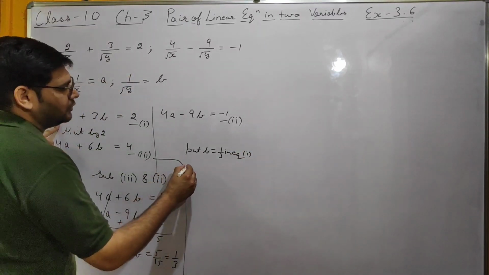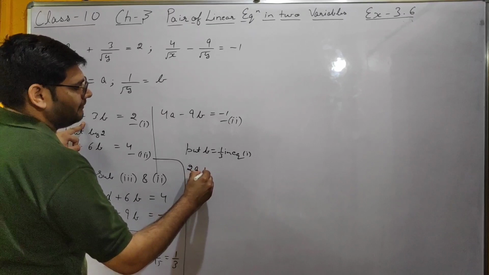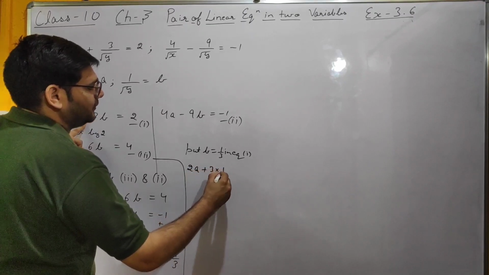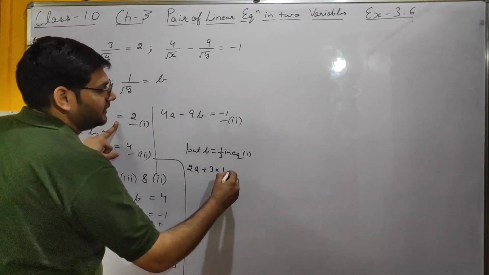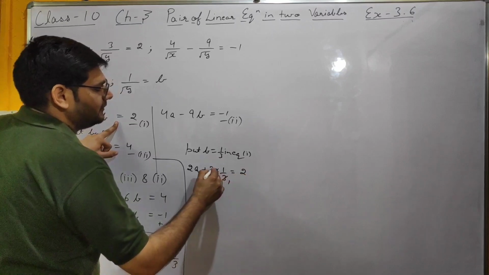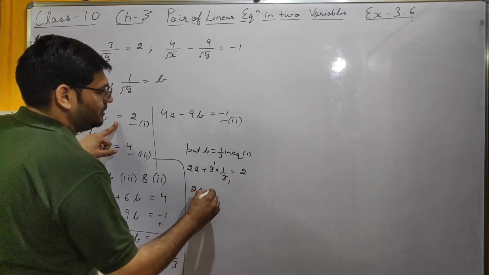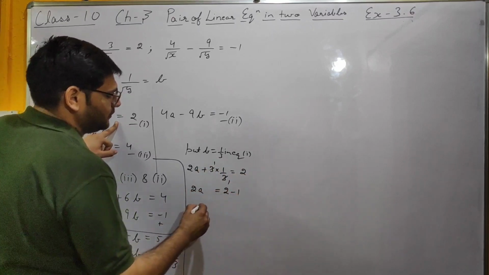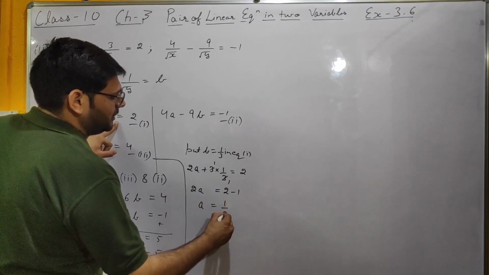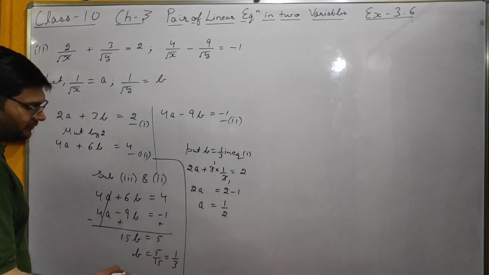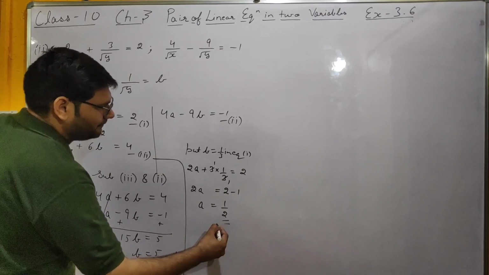So 2a plus 3 into 1 by 3 equals 2. 3 ones are 3, so 2a equals 2 minus 1. So a equals 1 by 2. Now we have the value of a and b.